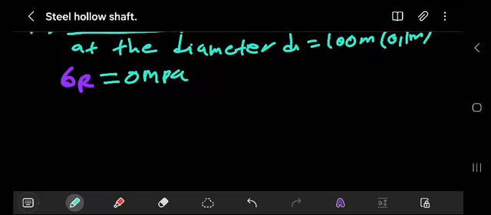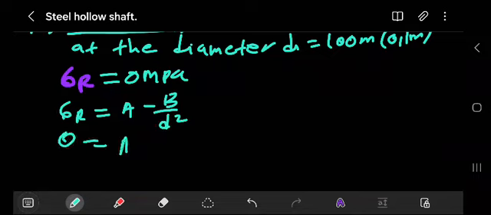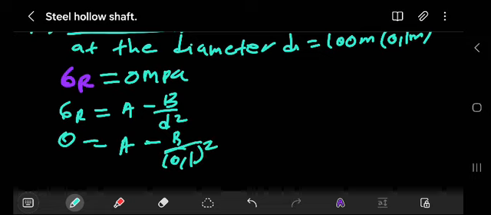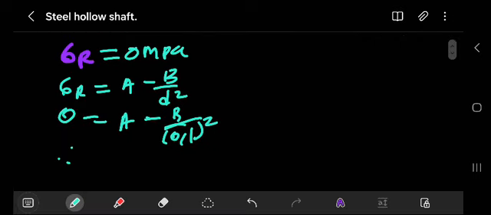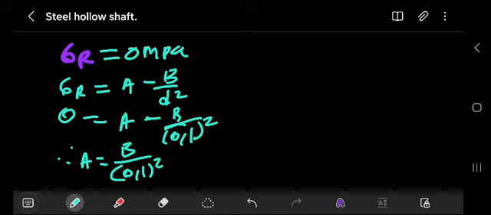We know that radial stress is given by A minus B over d squared. The radial stress is 0, A we don't know, B we don't know, diameter we know is 0.1, we square this, right? Then we make A the subject. Therefore A will be equal to, you take this to the other side, positive, B over 0.1 squared. You can call this equation 1.